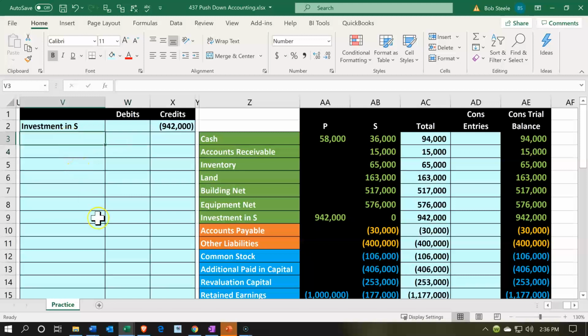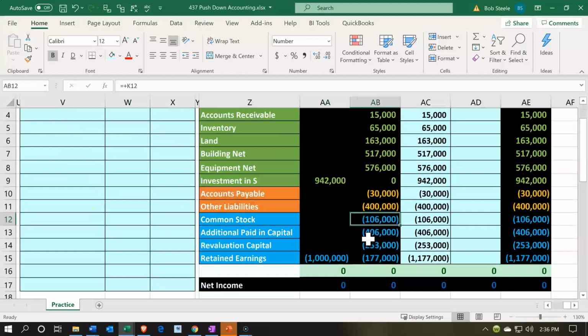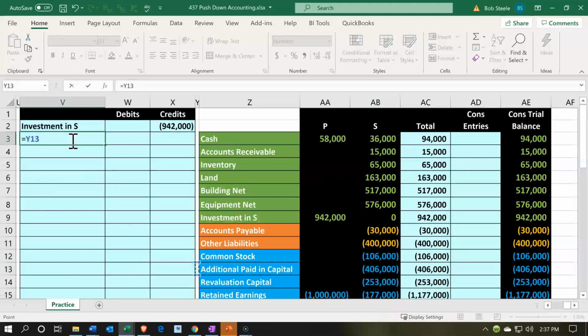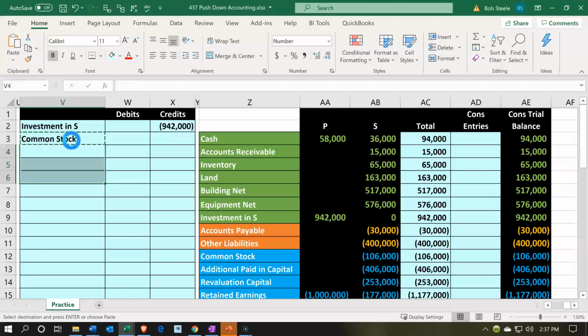So then it should tie out, because if I take these items that we're going to remove, they are the same due to the fact that we did the push down method. So I'm going to take the common stock, just like we've seen in prior entries, and copy that and paste it down to retained earnings.